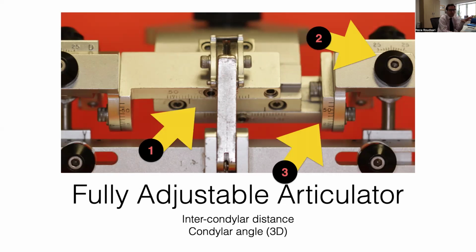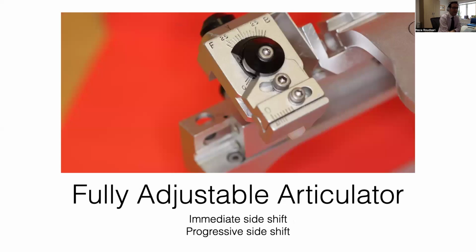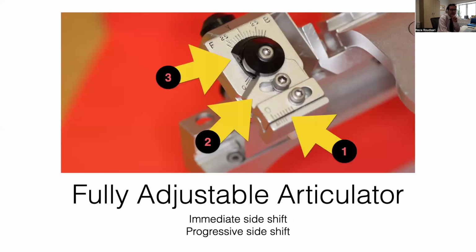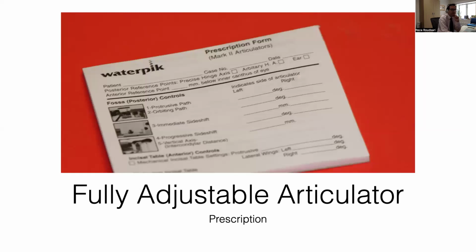And you can see these all marked: 1 for your intercondylar distance, and 2 and 3 are 2 different dimensions of your condylar angle, if that makes sense. And further back on one of your condylar components, you can also adjust your progressive and immediate side shift in numbers 1 and 2 respectively, as well as another angle for your condyle.